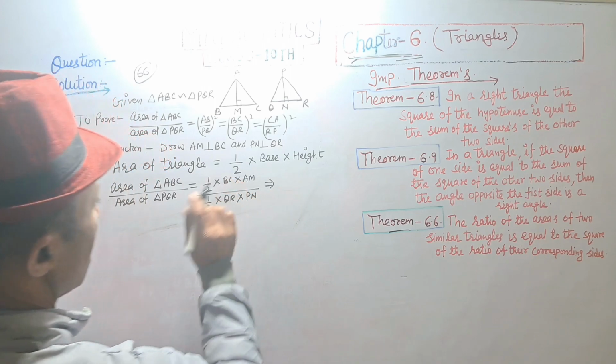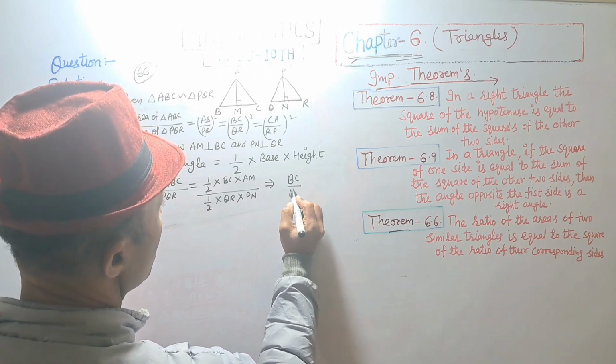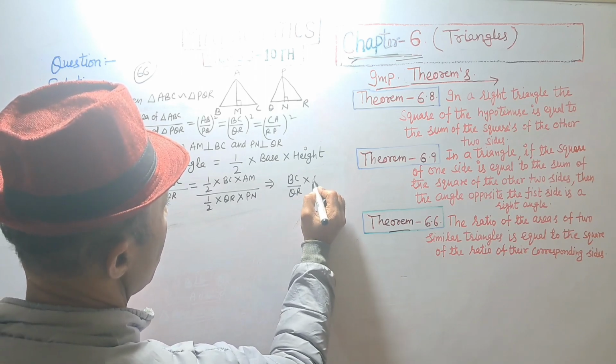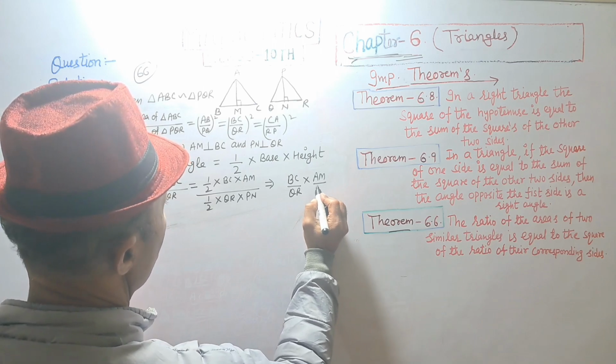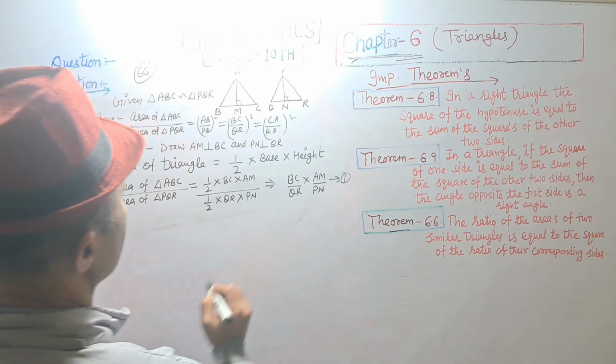This implies BC upon QR into AM upon PN. It's equation number first.